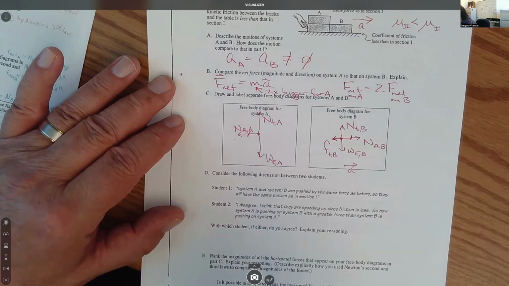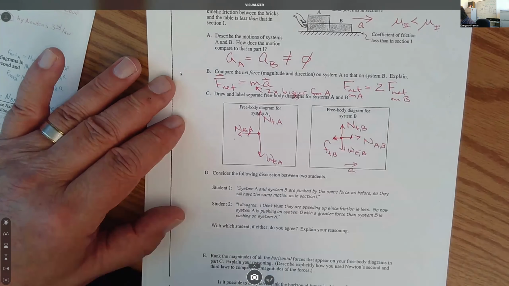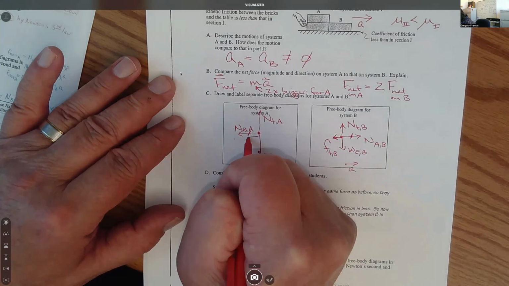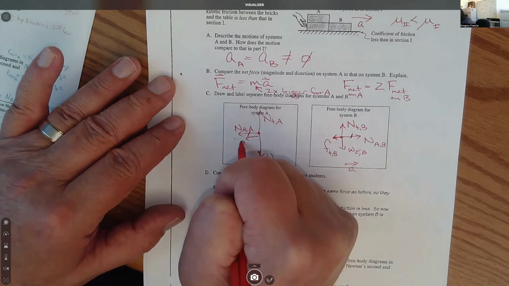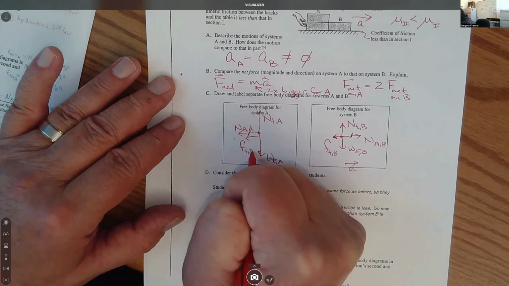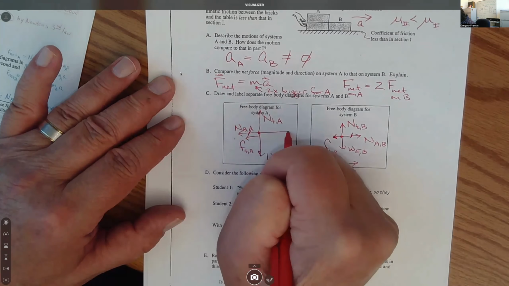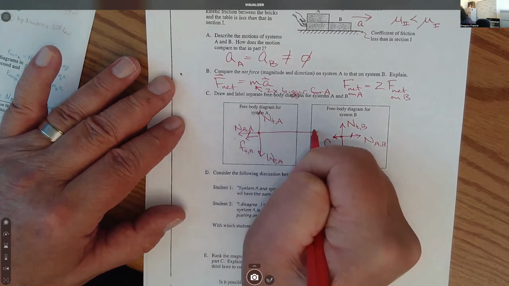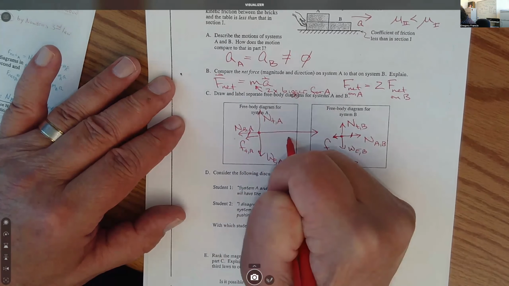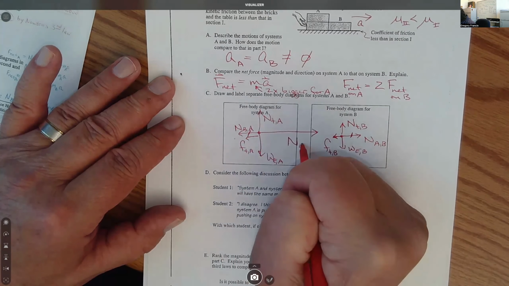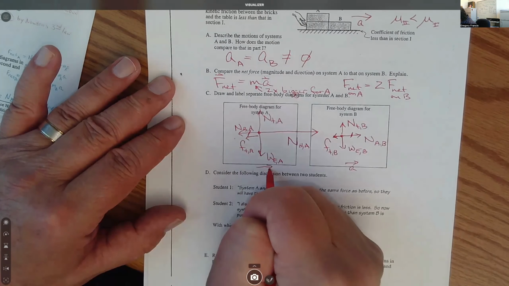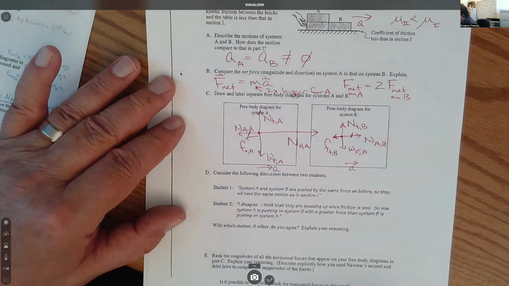And our friction force is still going to be twice as big on A as it is on B, but it's going to be smaller than it was before. And now the push by the hand is exactly the same as what it was before. That's given in the problem. And so you see that this diagram also screams to the right.